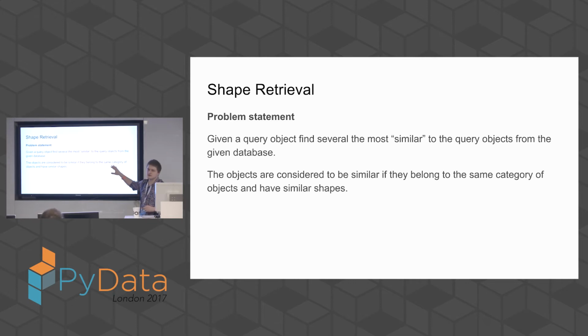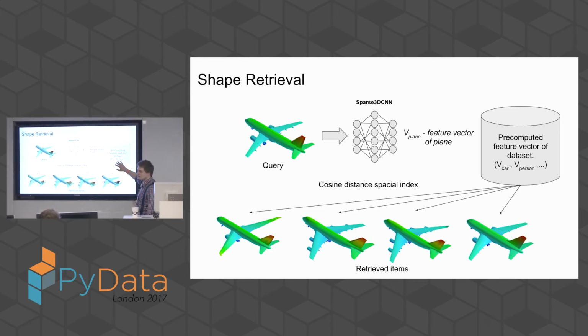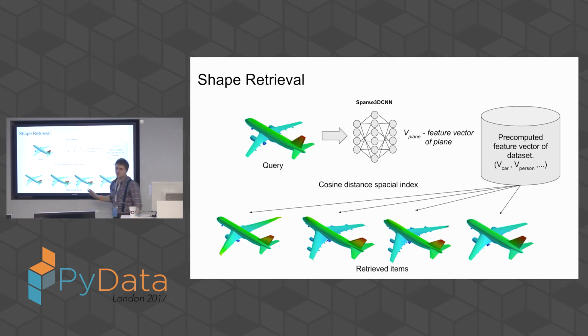We have a dataset that has 40 classes of different kinds of objects, planes and whatnot, defined by meshes that we convert to voxels and analyze. So this works pretty much like that. We take a mesh, pass it through our network, get a feature vector, put it in some spatial index, and then we perform retrieval on the unknown object, the query object. And we get some number of objects that look the same. So this is a retrieval task.